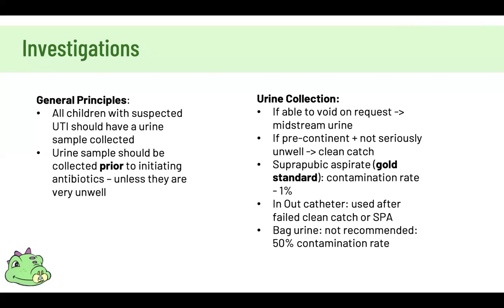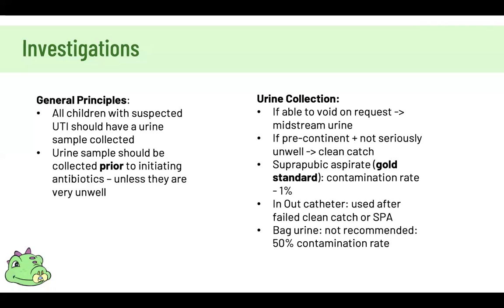But obviously, if the kid is very unwell or if you're suspecting something like urosepsis, then you should just start empirical antibiotics before waiting for a urine sample, because they can take some time to collect.